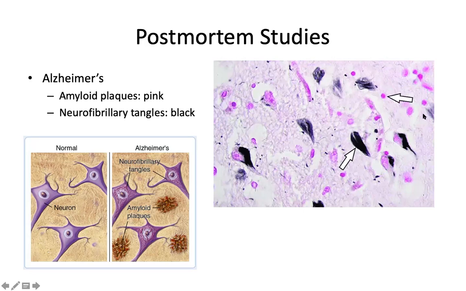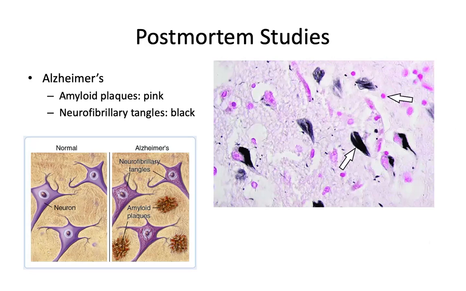But here on this microscope slide, you can see this arrow here, these parts that are stained pink, these are the amyloid plaques. And then these parts that are black and are larger in size, these are the neurofibrillary tangles. And so this is one such condition that we do have a lot of evidence for clinically.